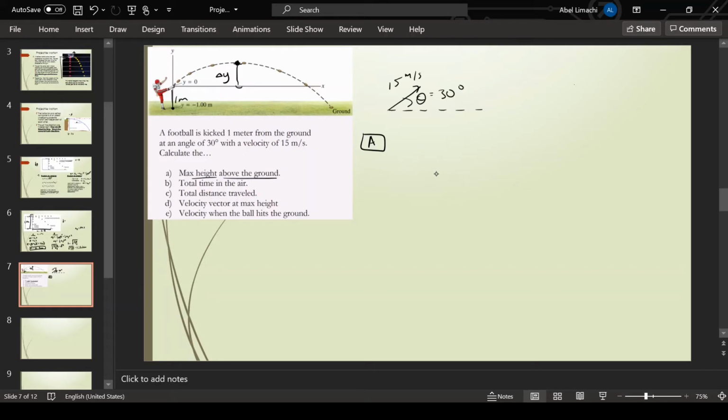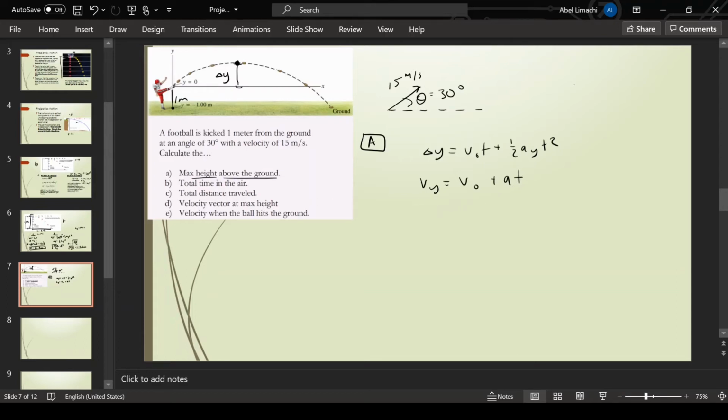Alright, we know that this is 15 meters per second and it's kicked at 30 degrees with respect to the horizontal. So we can use one of these equations: delta y equals v initial t plus 1/2 a y t squared, or v y equals v initial plus a t.